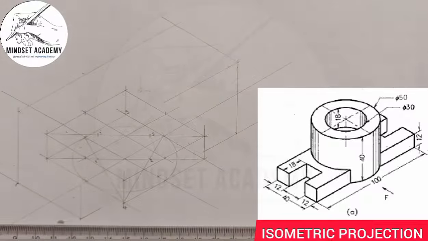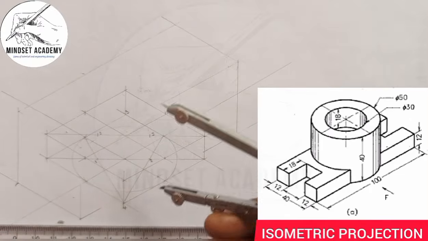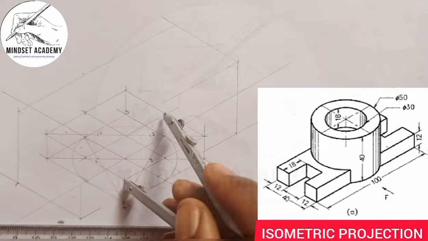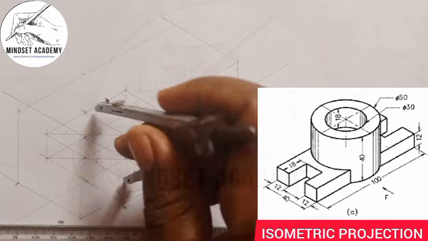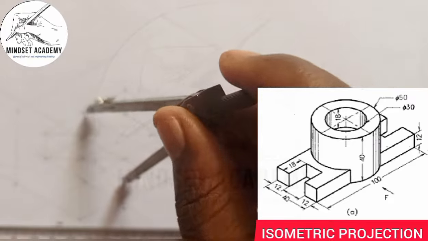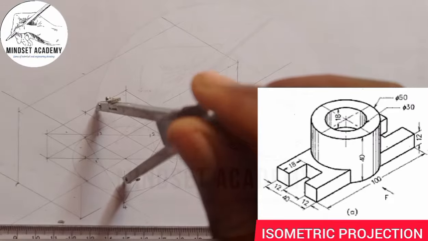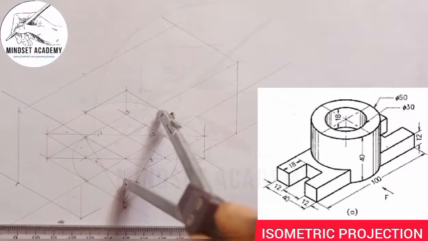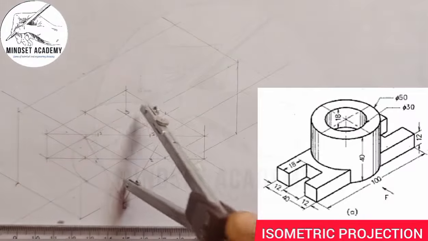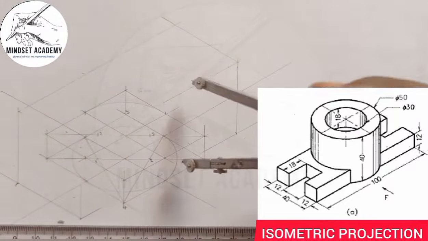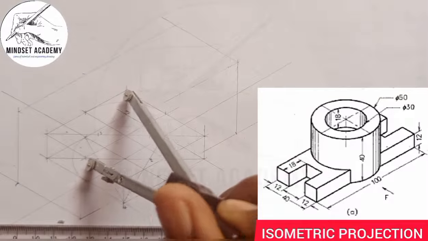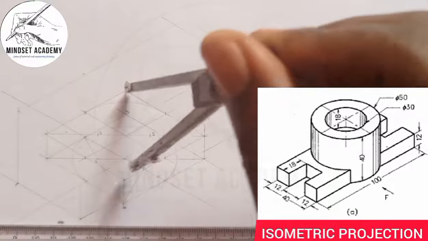So I'll draw another circle there too. From this end point, I'll get this. I'm using a faint line first. And from this end point also, I'll get this.